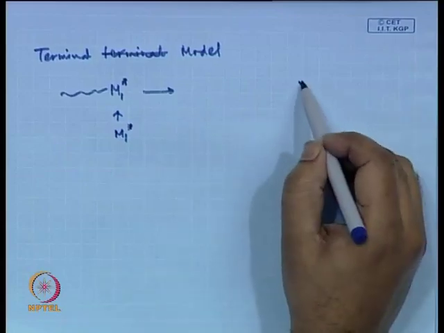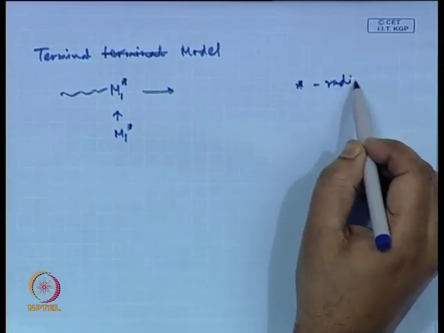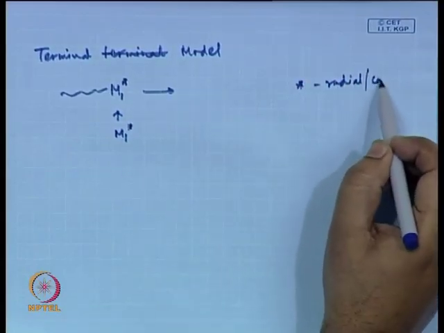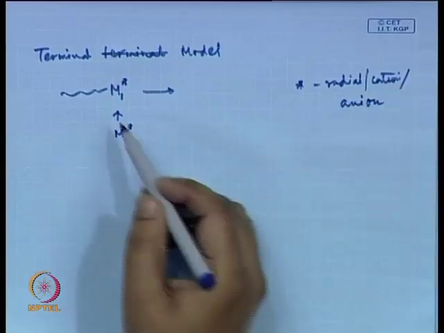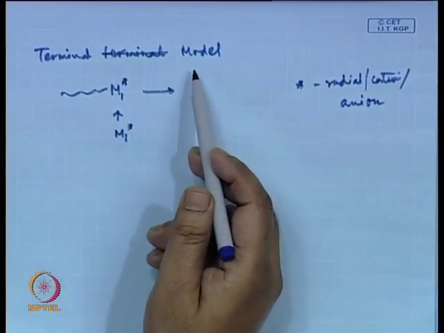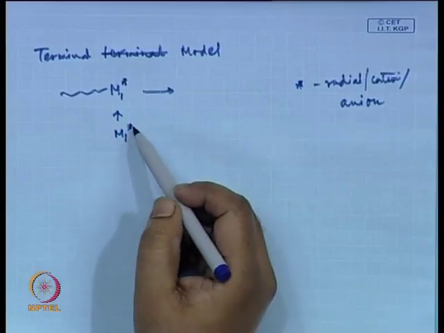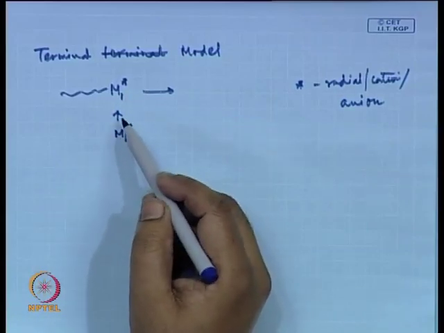Now, star could be radical, cation or anion. So, this terminal model is valid for any initiation process.